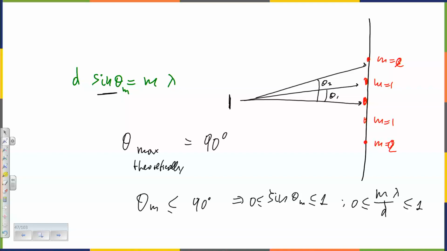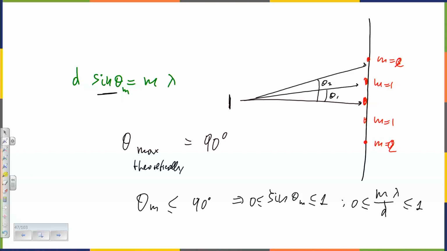For a fixed wavelength and a fixed grating spacing, there is always a maximum m which allows this condition to be true. If we increase m: 1, 2, 3, 4, 5, eventually we get a number such that this ratio will become greater than 1. So that number can't exist.